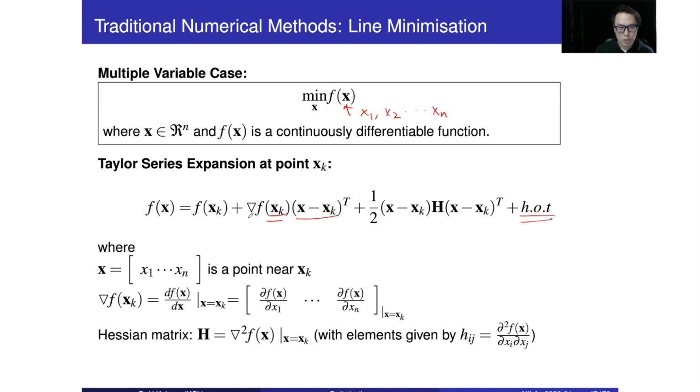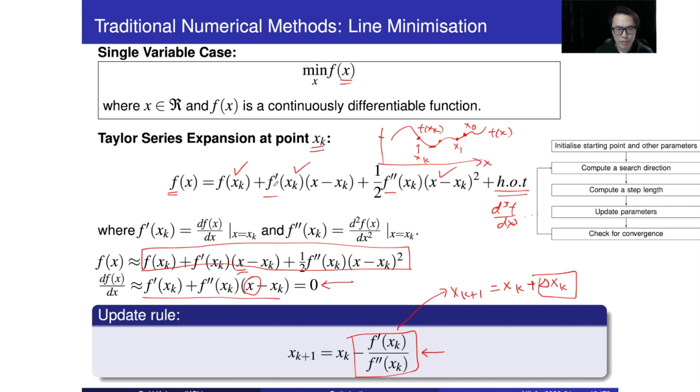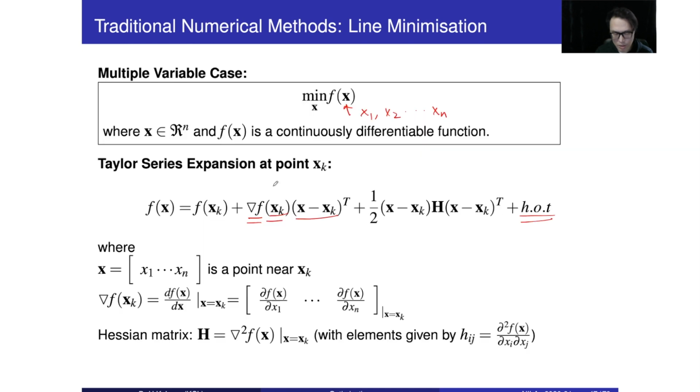So take a look at this one. The gradient of f is exactly the same as the meaning of f prime in the single variable case. So we are finding the slope in this term, and in this term we have H, which is given by this definition. We call this the Hessian matrix. So H is something like this: partial squared f over partial x1 x1, and then partial squared f over partial x1 partial x2.